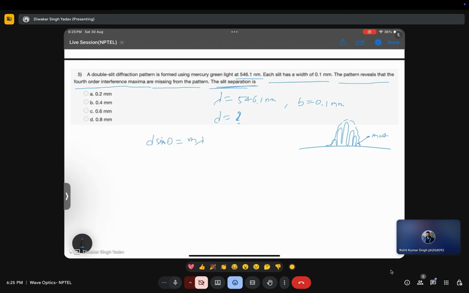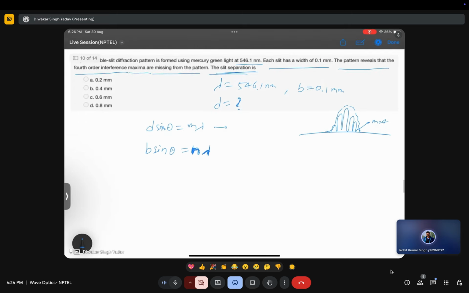This is for the interference maxima, d sin theta equal to m lambda, right? And we have the diffraction minima, single slit diffraction minima condition given by this, b sin theta equal to n lambda. Now what we studied is an interference maxima of order m will be missing if it coincides with the diffraction minima.